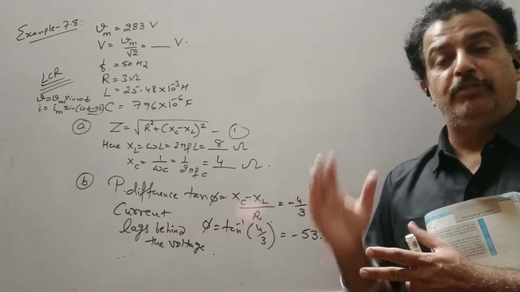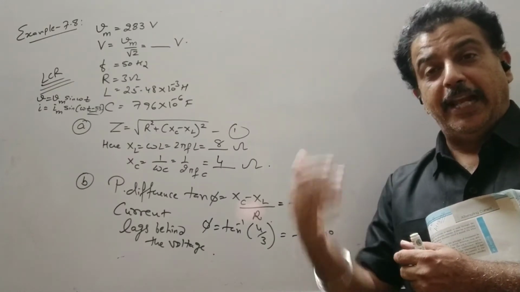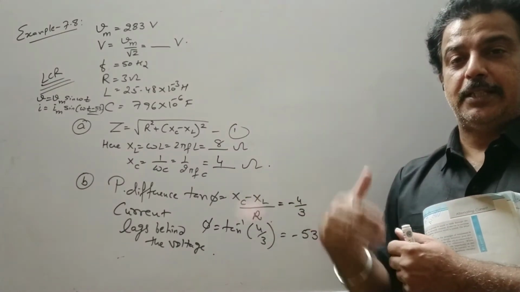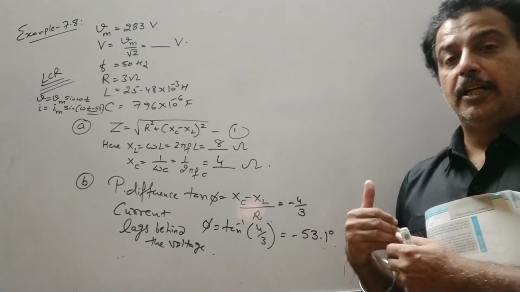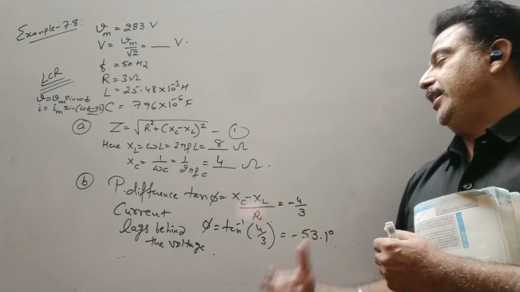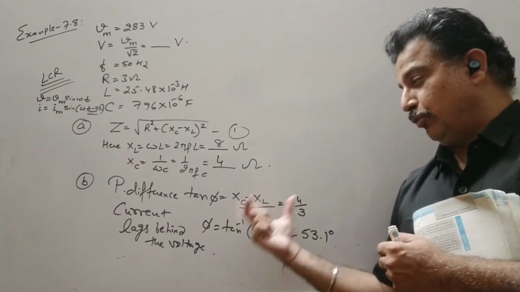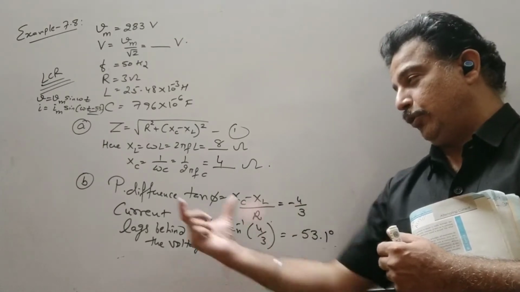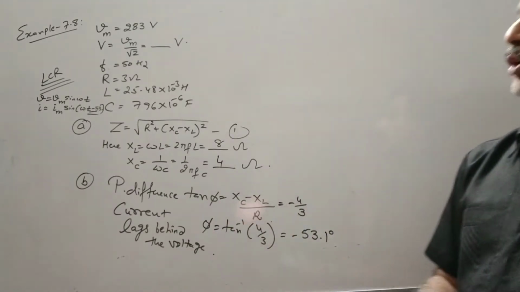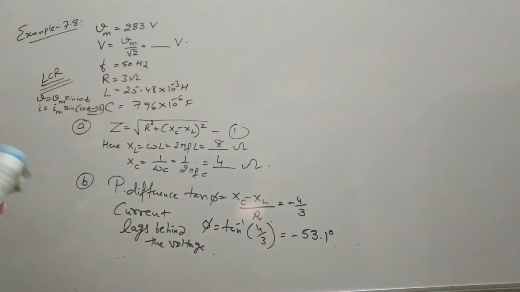If it is inductive, the current should lag behind the voltage, and if it is capacitive, the current should lead the voltage. However, if we directly use this formula and phi comes out negative, then the current lags behind, and if it comes out positive, then the current should lead the voltage, because we have the general equation omega t plus or minus phi.